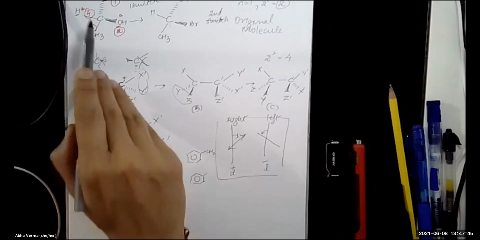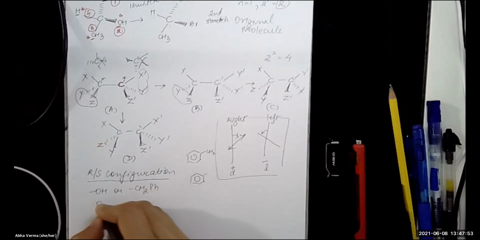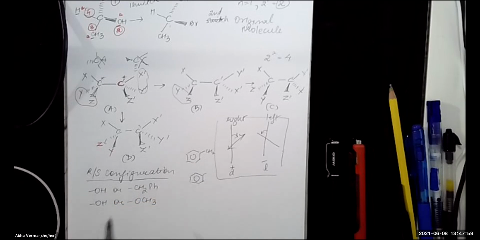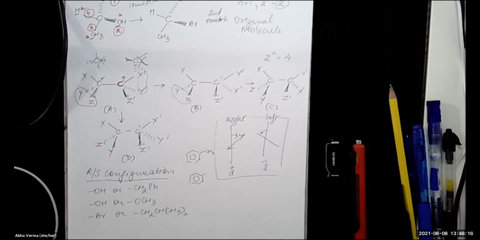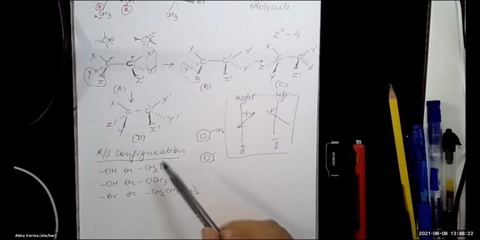So if OH is attached to a carbon or a benzyl is attached to a carbon, out of these two, which will have more priority? And then if you have an OH or an OCH3, so I'm just replacing a hydrogen with another carbon, which will have more priority? If I have a bromine or, let's say, a molecule like this. What is this? I'm just writing it in a condensed manner. Go ahead and write these structures on your page also.